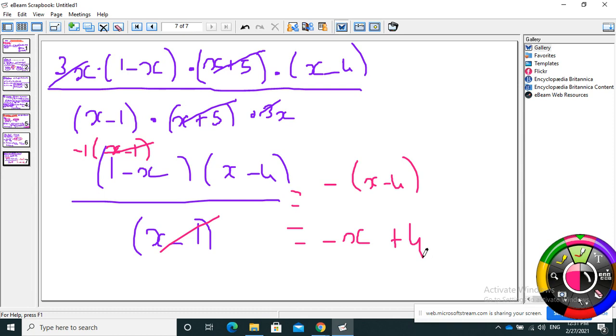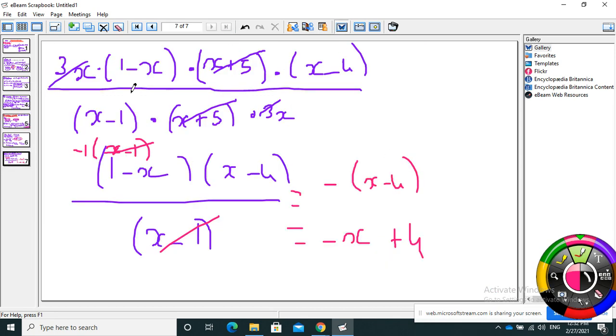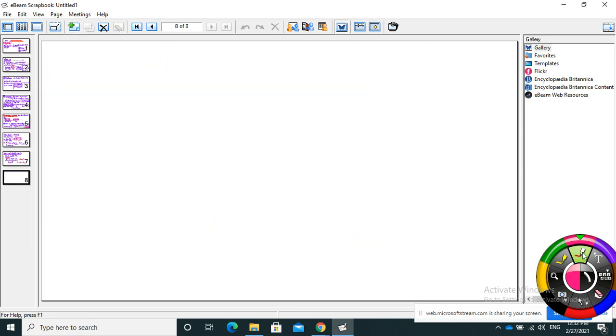This is the multiplication. Now the divide is the same, but the first step, I need to change the divide to multiplication. And when you are dividing, you change the divide to multiply, and then you do all the same things. I do the condition, I factorize, and then I simplify. So now I'm doing part B, the division.